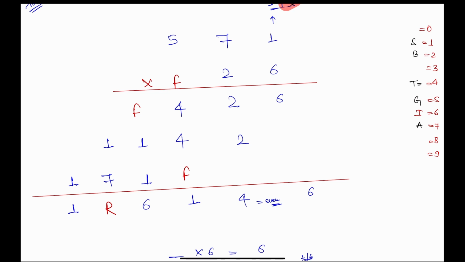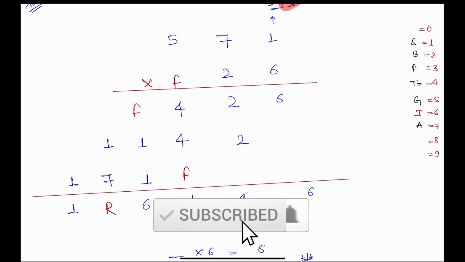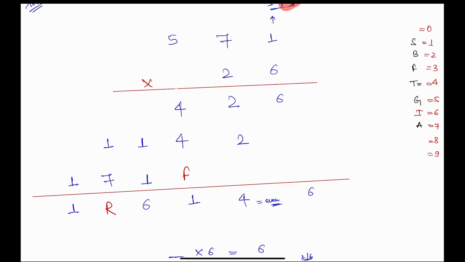If G is 5, what will be the value of F? It's not hard. 6 into 6, 6 into 5 is 42, carry 4. 6 into 5 is 30, 34. F equal to 3. So what is R?